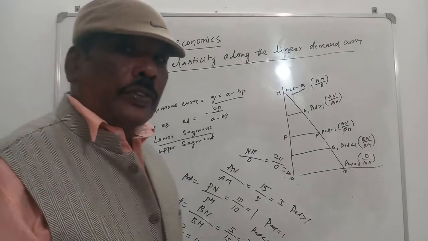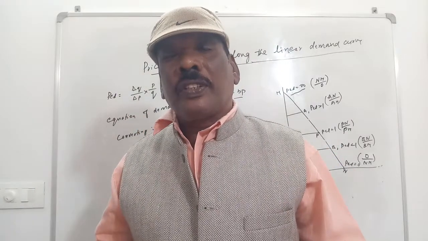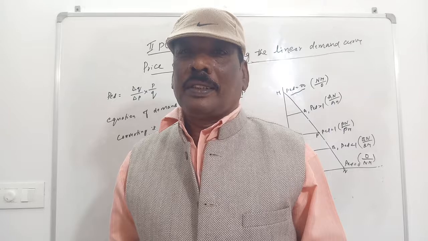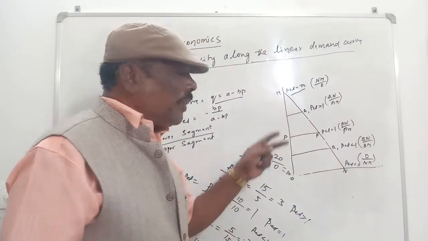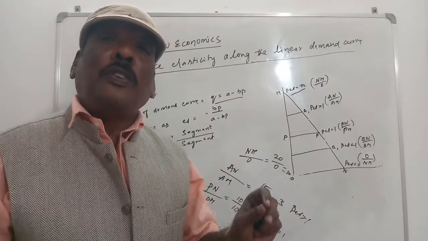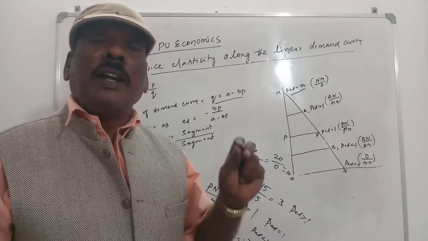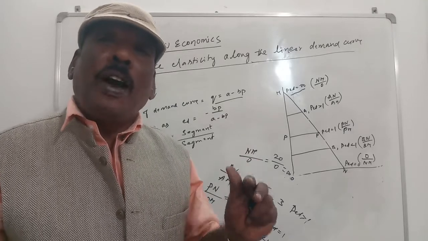There will be no changes. Whatever may be the changes in price, there will not be change in demand. So we have understood these things. That means a very simple thing: different types of elasticity of demand can be understood by looking at the different points on the linear demand curve.